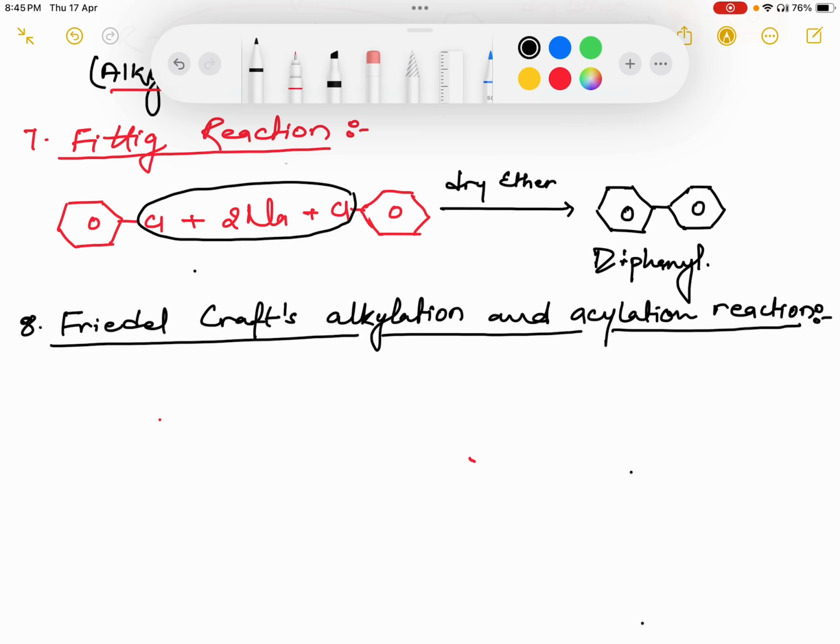If there is the attachment of an alkyl group, that is alkylation, and if there is the attachment of an acyl group, that will be acylation.